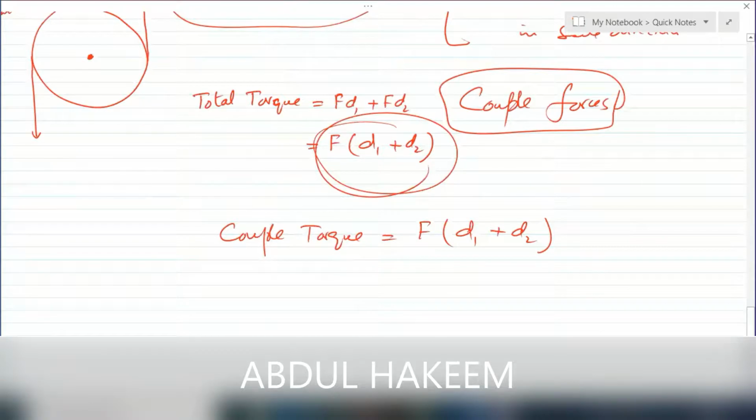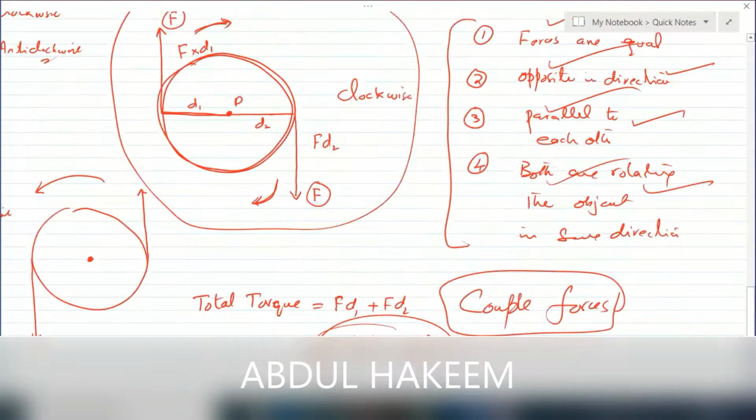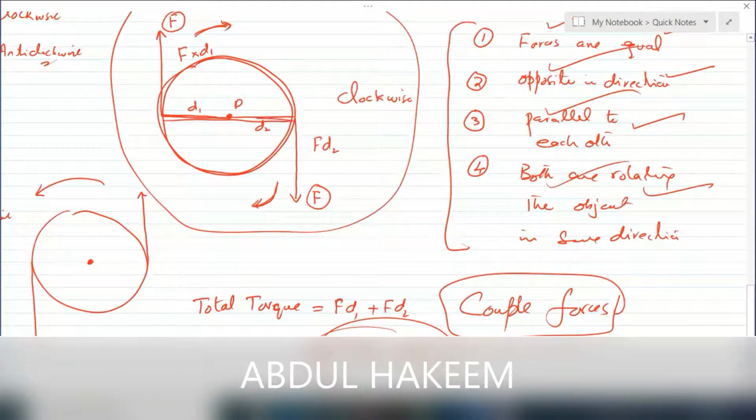Now, if the question is, what's the definition of the couple torque? Look, we are using just one force. And what is D1 plus D2? It is the total distance between the two forces, not from the pivot, total distance, but it is perpendicular.